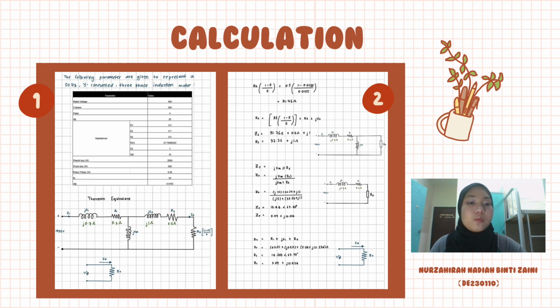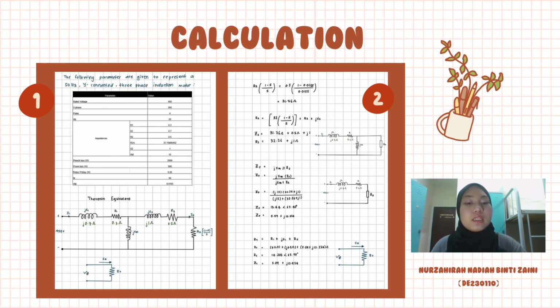Next we need to find the ZF, which is jXM parallel with Z2. So we can get the answer, which is 5.59 plus j12.224 ohm.